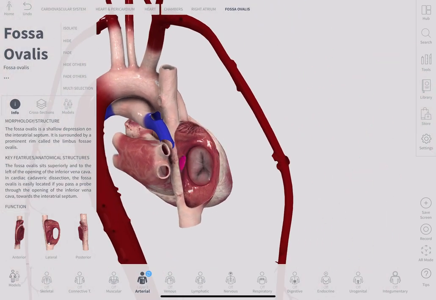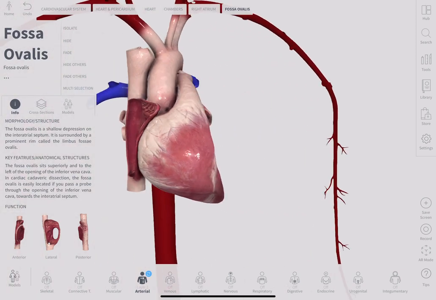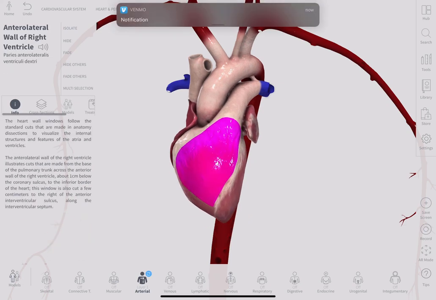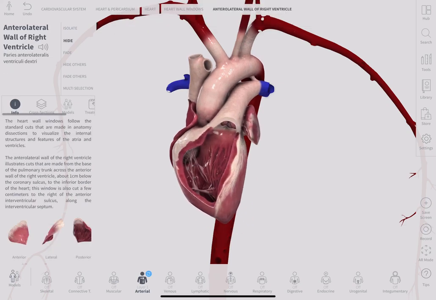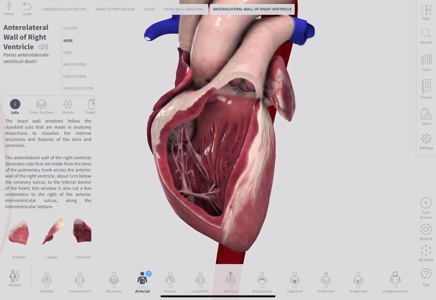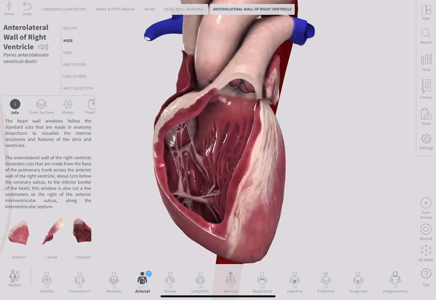Okay, now let's do a bottom-up view. So let's remove a wall of the ventricle. So here we're looking in the chamber of the right ventricle, and here you can see blood coming in from the right side here on the right atrioventricular valve.